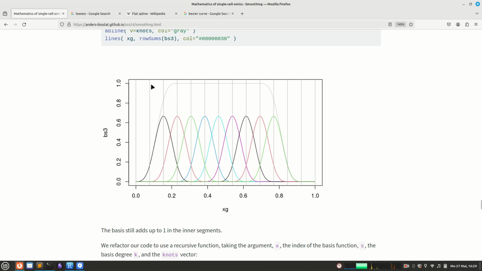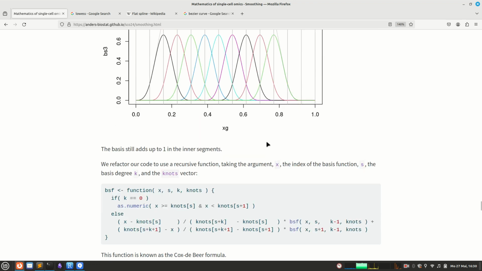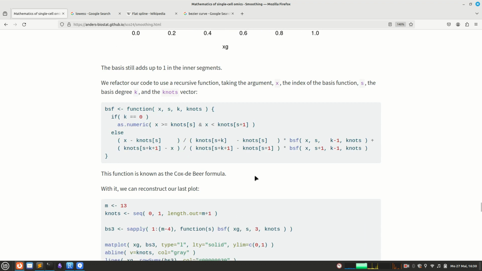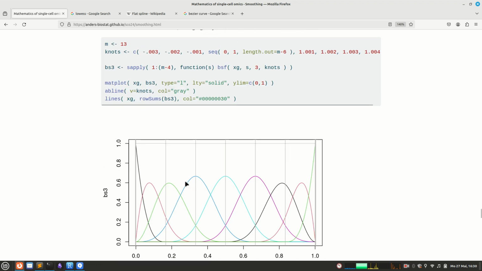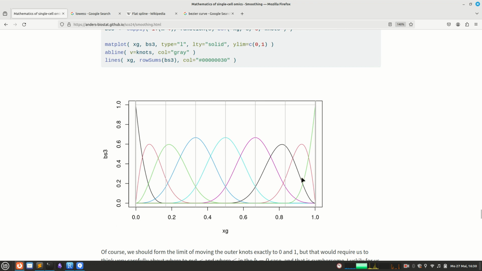Like I say, these first 3 knots I put all to 0, and these I put all to 1, and then the area where the curves add up to 1 will stretch the whole support from 0 to 1. And that's what I've done here, where I add them up, and then they go in here.